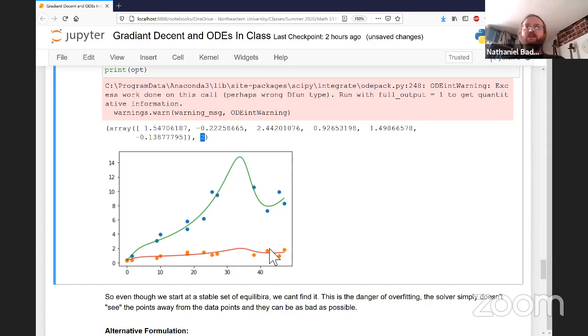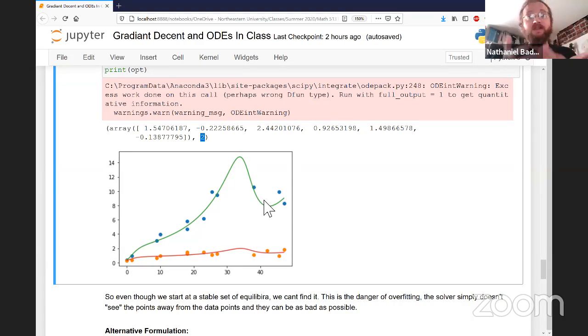So this is where I expect anyone who has any machine learning background to jump in with the great problem of machine learning that we're seeing here. So this is an example of what's called overfitting.